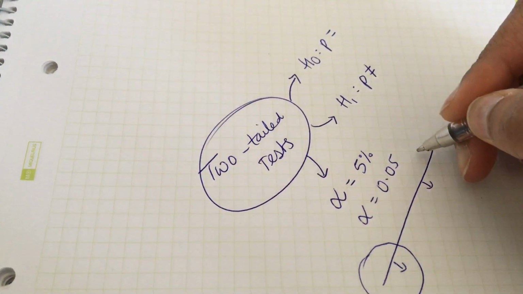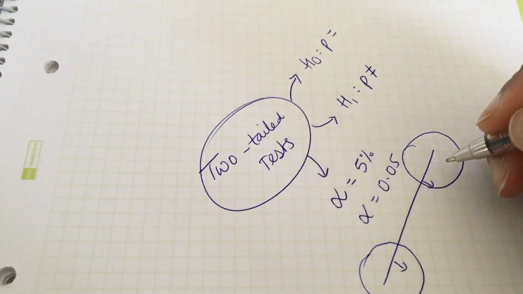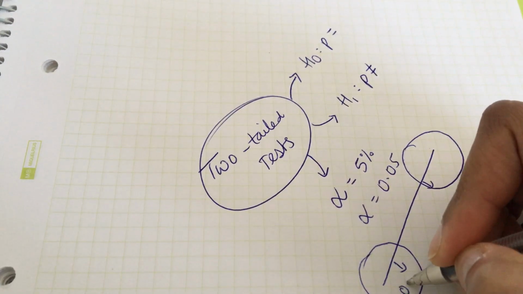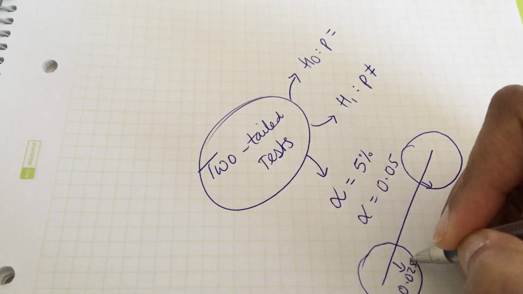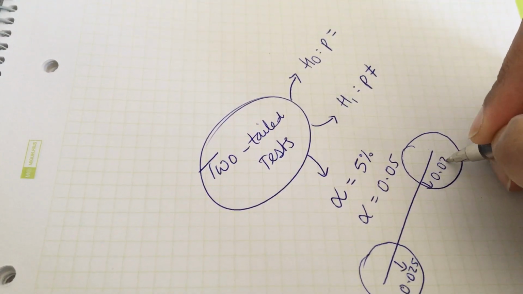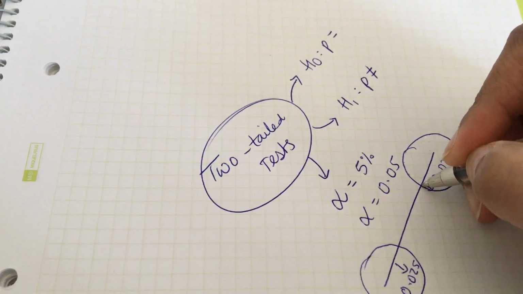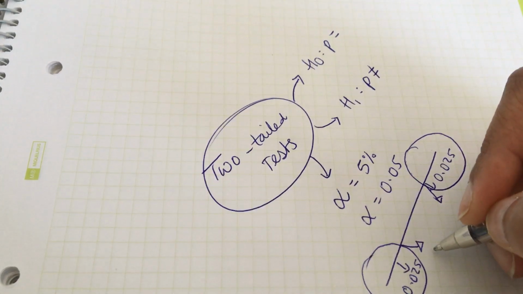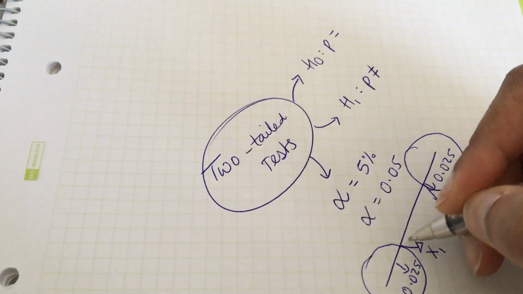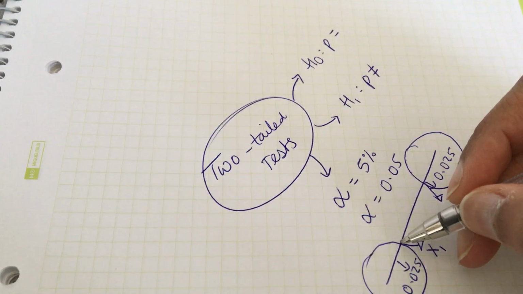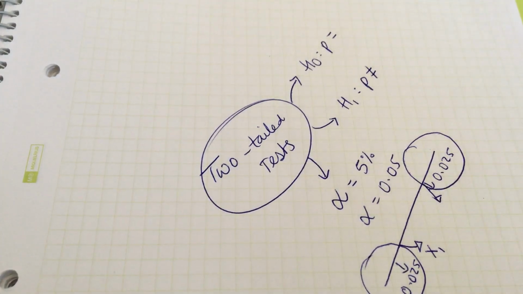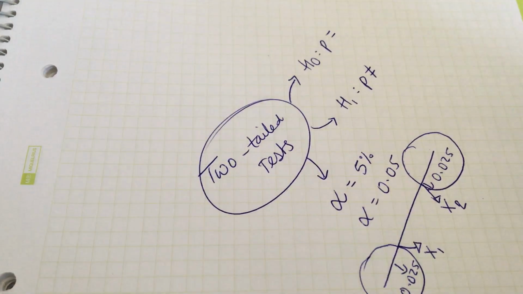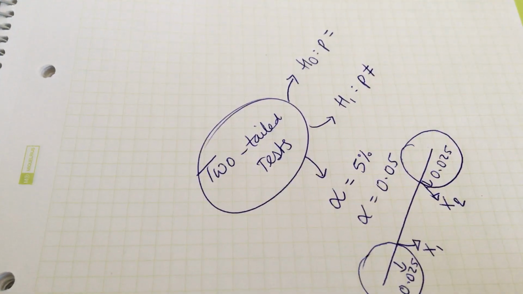So towards the lower end of the tail and towards the higher end of the tail, we will split the significance level up so it becomes 0.025 on this end and on the top end 0.025 as well. So what you're trying to find is two sets of critical values, really. One will be at the bottom end, which means anything less than that value will lead us to reject the null, and anything higher than this value will lead us to reject the null.